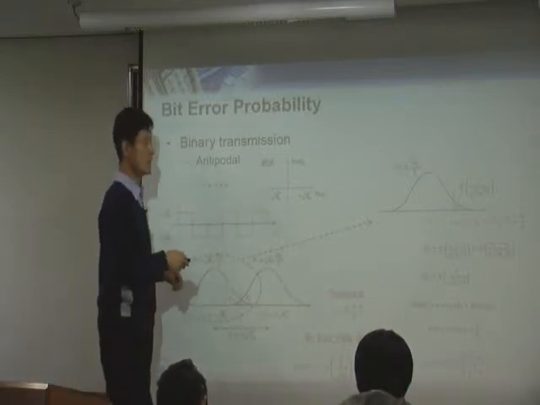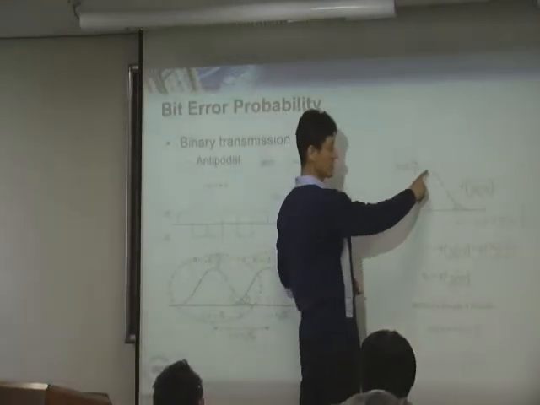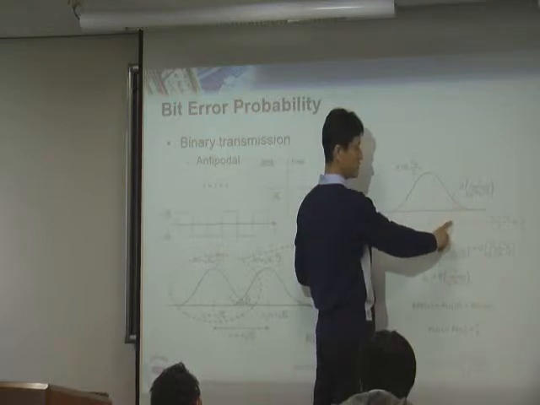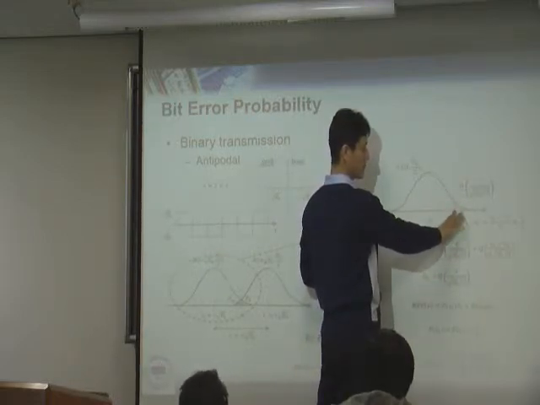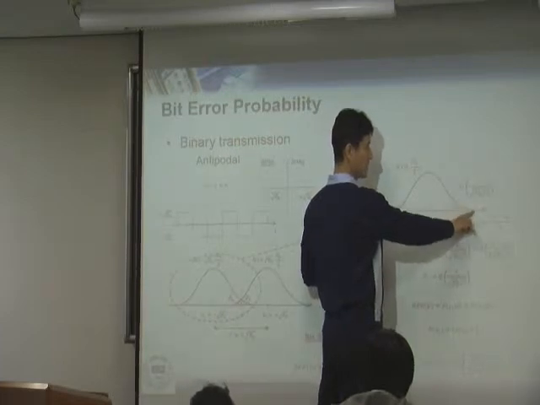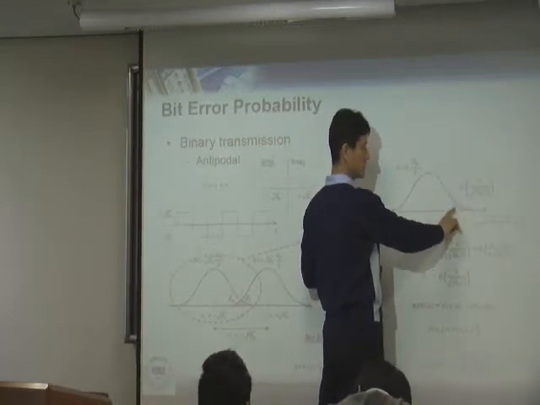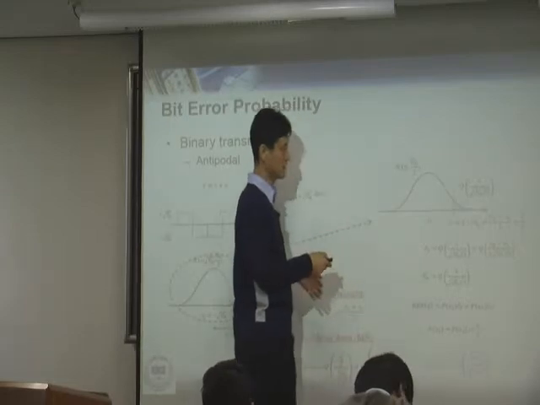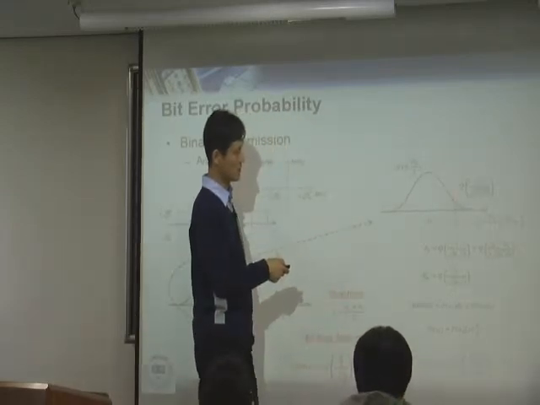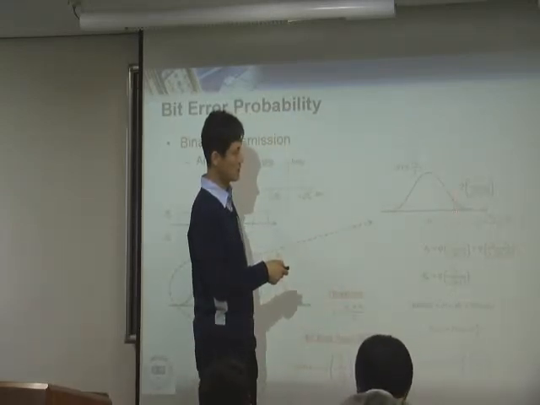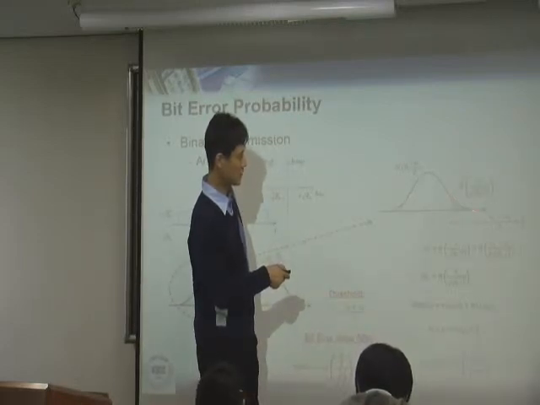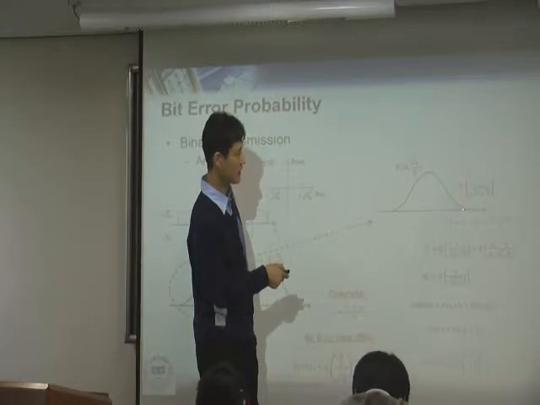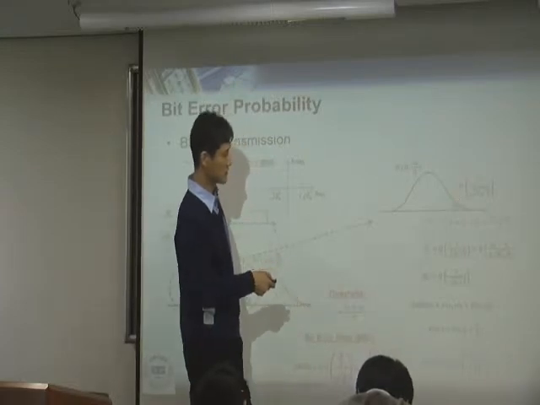If you think about a single Gaussian distribution, and you pick a certain point, this is my threshold, and I want to calculate the probability that the value is higher than this. That is shown as a Q function like this, right?